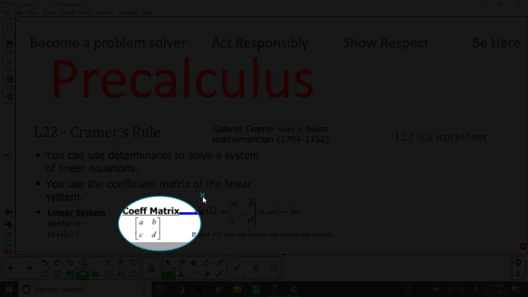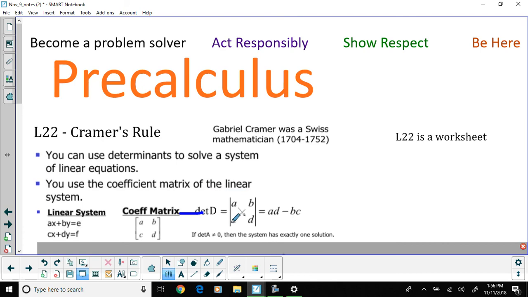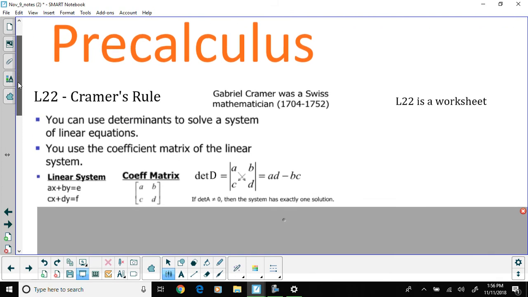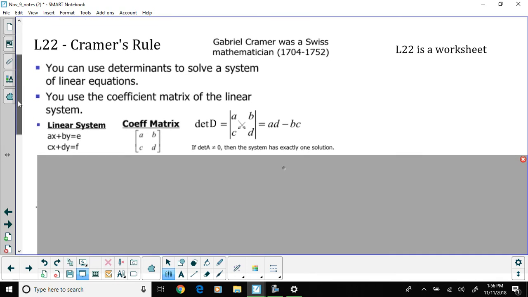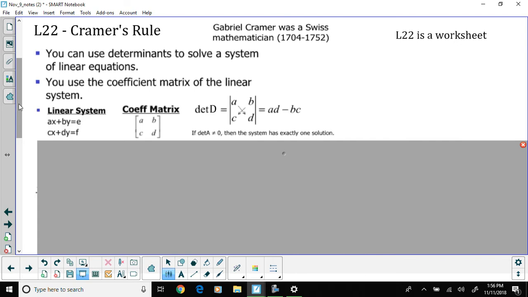So the a, b, c, d. If I find the determinant of that matrix, that tells me a value. And if that does not equal 0, then the system has exactly one solution. If it does equal 0, it means we have an inconsistent or a consistent dependent system, which means I either have parallel lines or the same line.